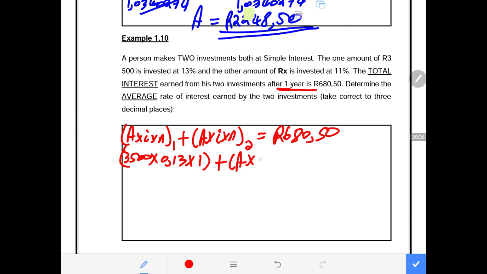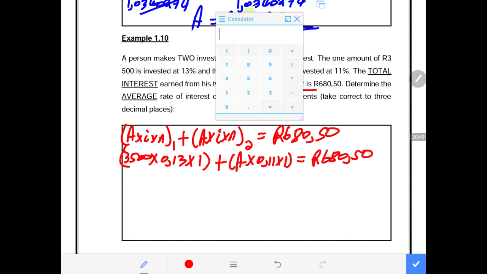We multiply this by 0.11 multiplied by 1, then this will give us 680 rand 50 cents. So now let us calculate: 3.5 times 0.13 times 1, multiplying anything by 1 gives you the same thing. So now we have 455.